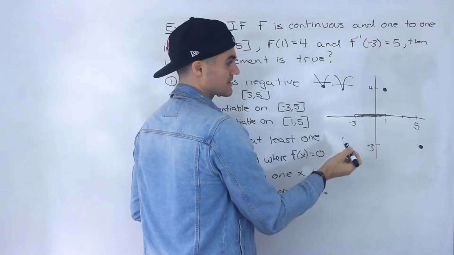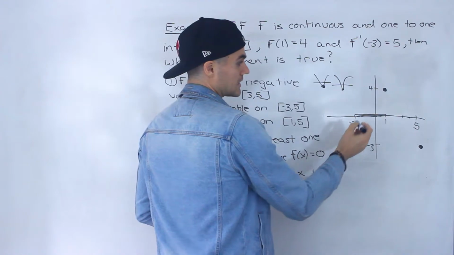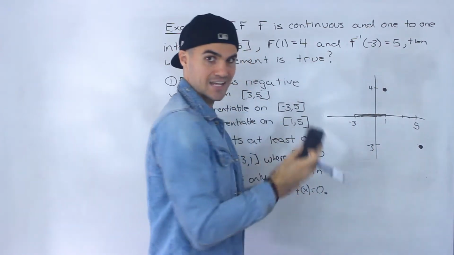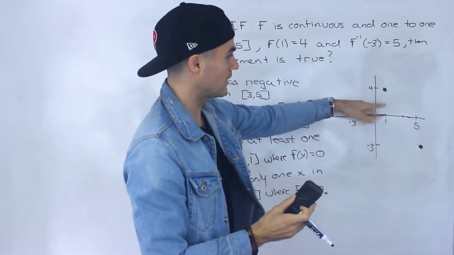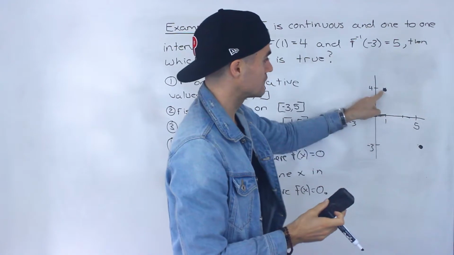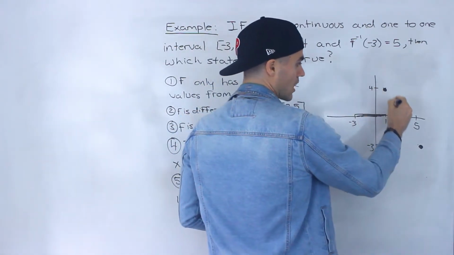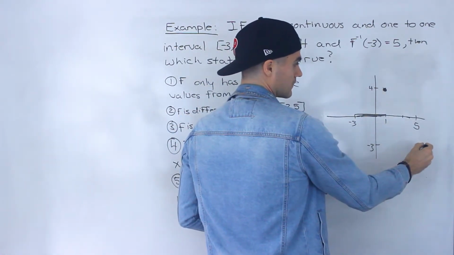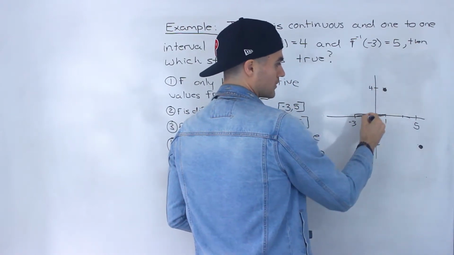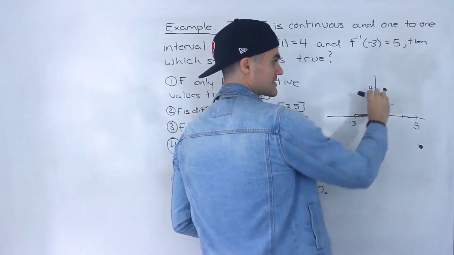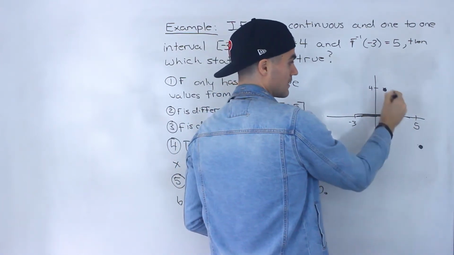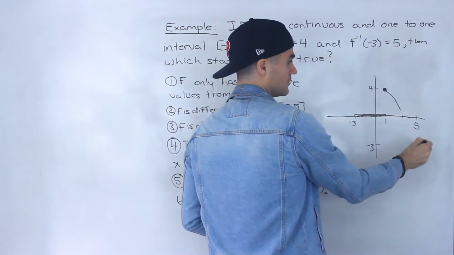And notice that that's not necessarily true, because we know that if the function is continuous and it's one-to-one, then from 1 to 5, we know it's going to cross at some point here. So that means from -3 to 1, notice that the function can't really come back down, because then it would fail that horizontal line test. From here to here, it's got to be going down.